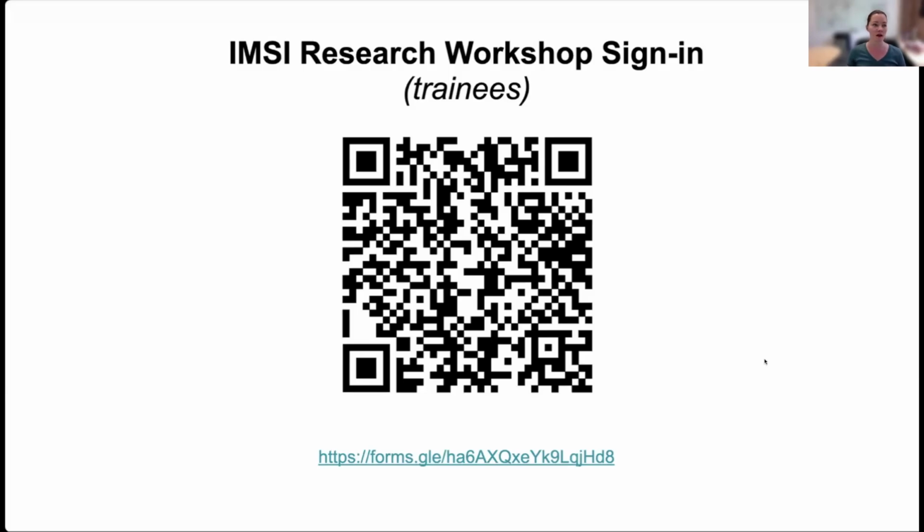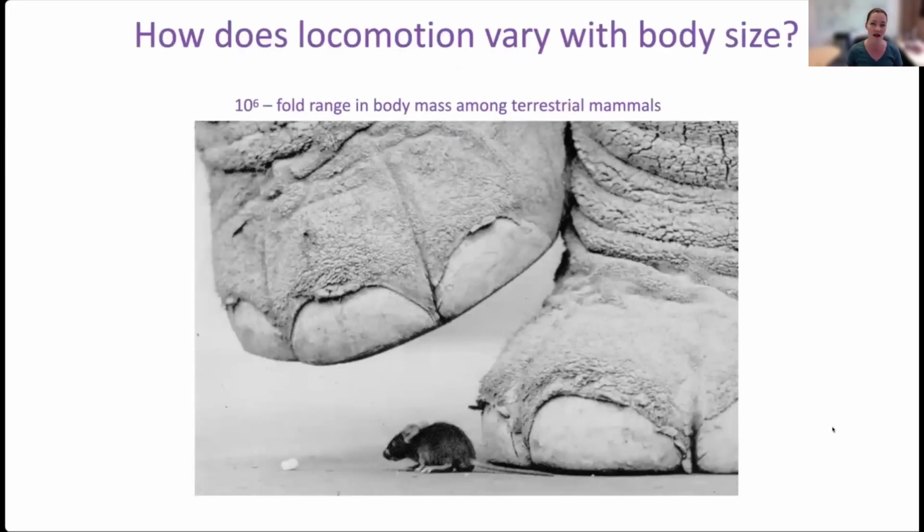Okay. So a lot of the work we do starts at the whole animal level, trying to think about how animals move in terms of their whole body dynamics. And one of the questions that we have asked is, how does locomotion vary with body size? And among terrestrial mammals, size can range over a 10 to the 6-fold range from the tiniest shrews up to elephants.